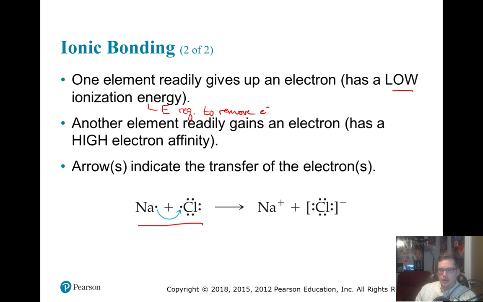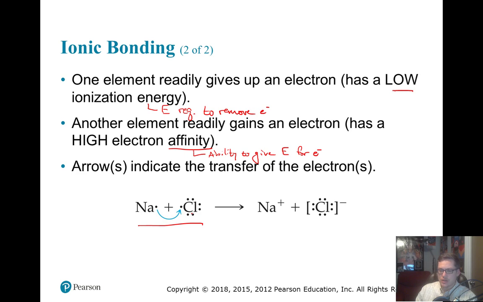All right, the other element will readily gain an electron, and it has high electron affinity. Now, remember, electron affinity is defined as the ability to give energy for electrons. So essentially the chlorine in this case is just a really rich guy.